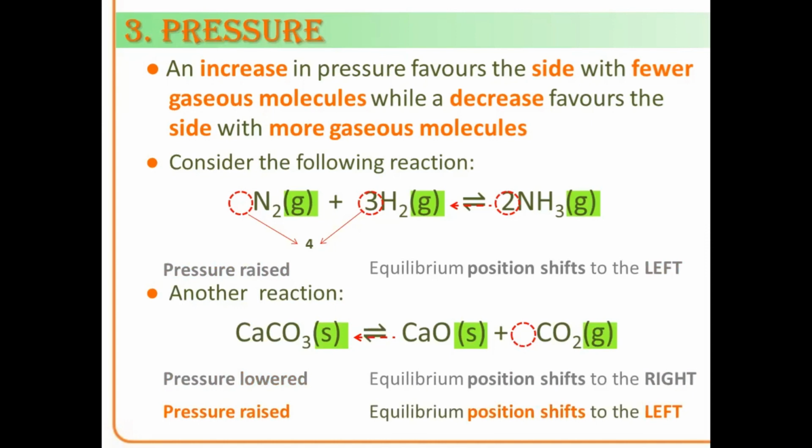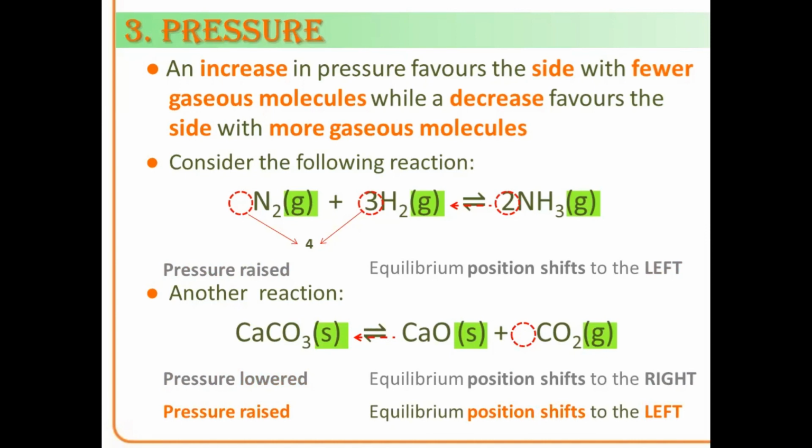Now, when we're looking at pressure, there is a situation where you are going to have substances that are not in the gaseous phase, like a chemical reaction where no gas is involved at all. This simply means pressure has no effect on that reaction. So we need to have at least one gaseous substance in the reaction, either on the reactant side or on the product side.